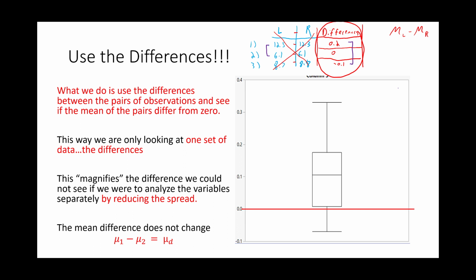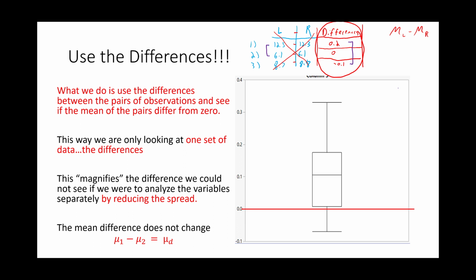We're subtracting out the other size of their foot and getting rid of that extra variability. It's much easier to see differences between two sets of data if they're paired because it reduces the spread and reduces variability. It's essentially going to magnify that difference for us by reducing the spread.